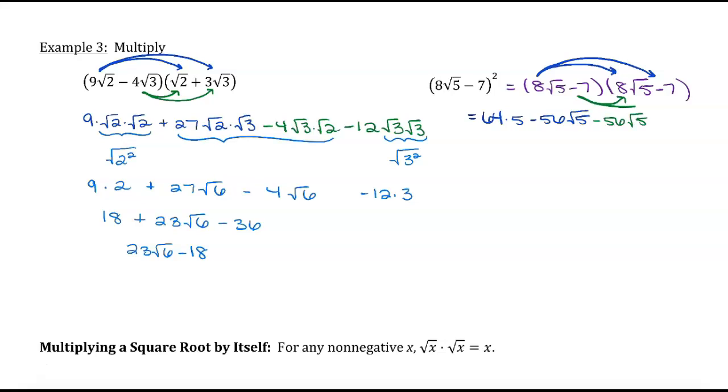And finally, we have negative 7 times negative 7, or positive 49. 64 times 5 is 320, and 2 copies of minus 56 root 5 give us a total of minus 112 root 5. Adding 320 and 49, we have our final answer of 369 minus 112 root 5.